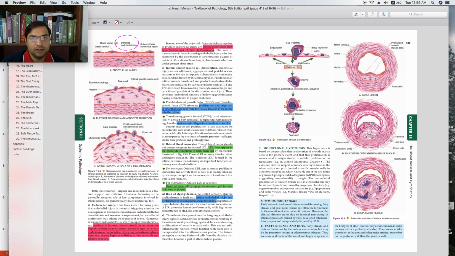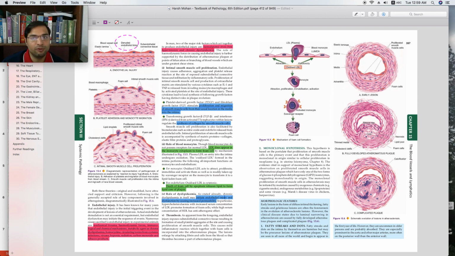The monocytes are filled with these low density lipids, and these oxidize themselves in the monocytes, and that oxidized LDL makes those monocytes into foam cells. So foam cells are cells which are filled with lipids.